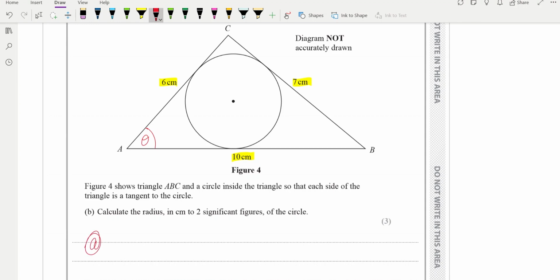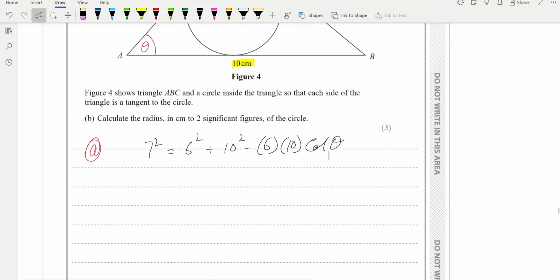One opposite side, this one, 7 square will be equal to one side square plus other side square minus one side into other side into cos of theta.